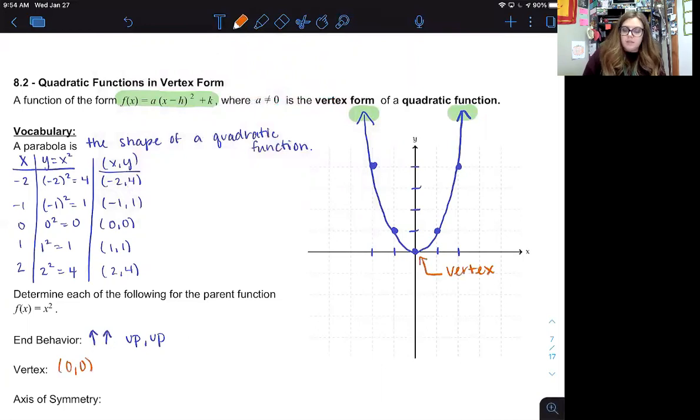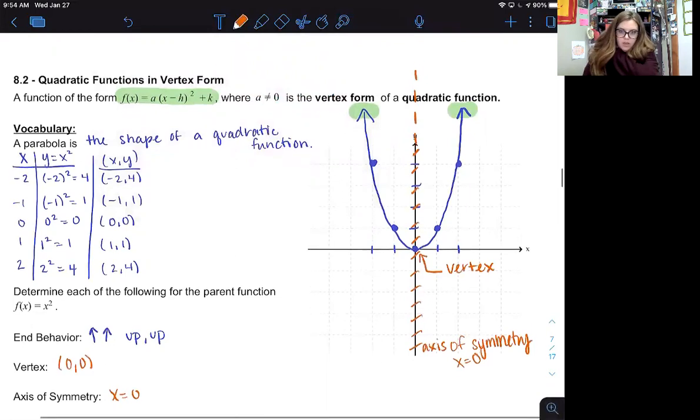Our axis of symmetry is still the line that cuts the graph in half. That line would be x equals 0, and remember, we graph that with a dashed line.